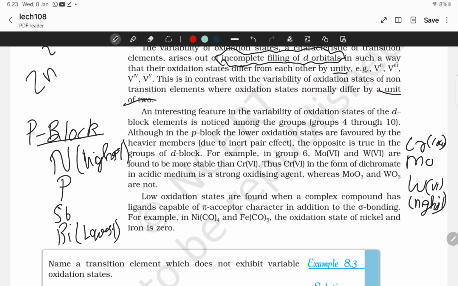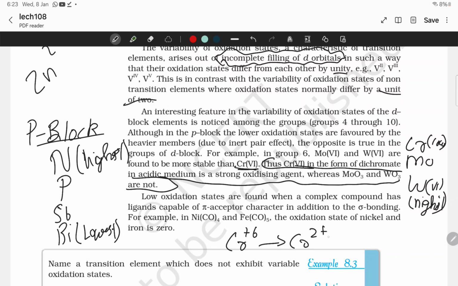That's the reason why chromium 6+ in the form of dichromate in acidic medium is a strong oxidant. Cr+6 is being converted to Cr2+ in potassium dichromate in acidic medium. That's the reason why chromium prefers low oxidation state and tungsten prefers high oxidation state.